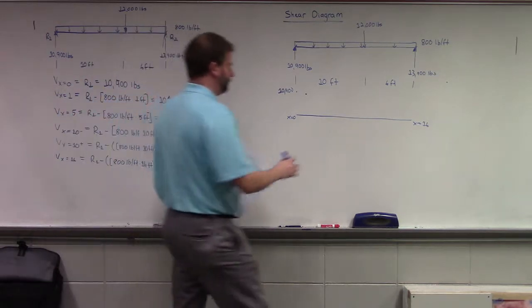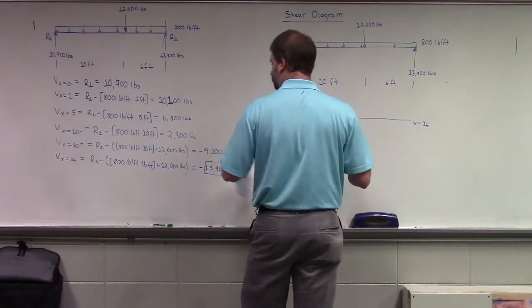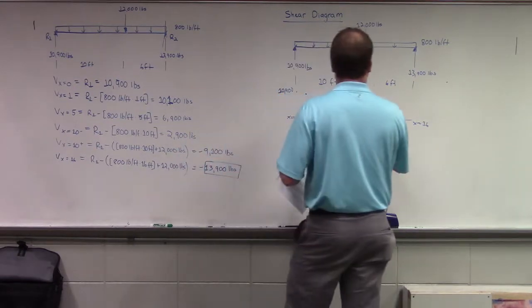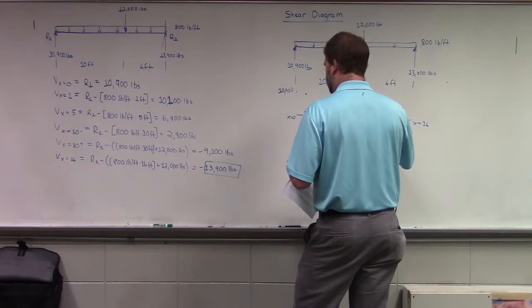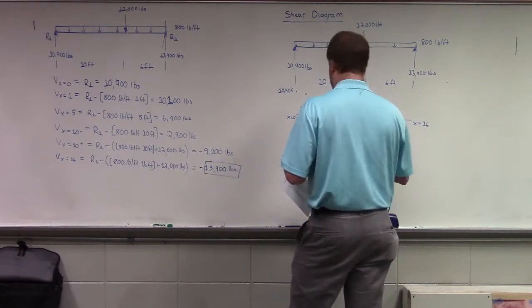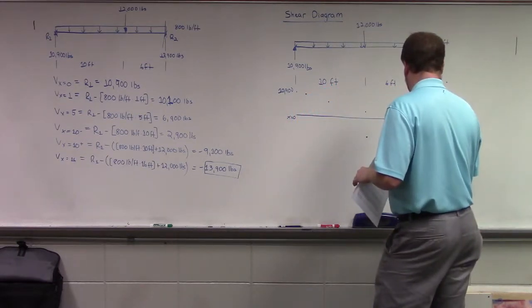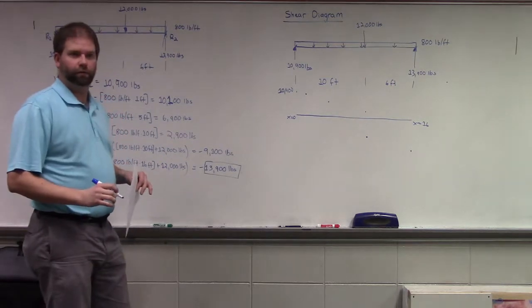X equals 5. Let's see, so we're halfway here. Be 6,900. Will be 2,900 and minus 9,000. Ending at minus 13,900. So you're just kind of guesstimating where.